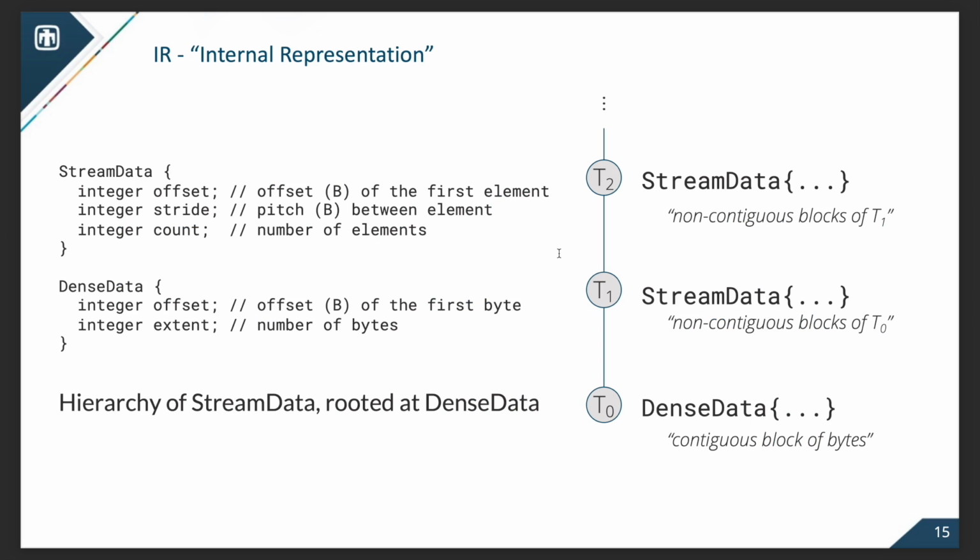The core of TEMPI is built around this internal representation, which is a hierarchy of different strided repetitions of bytes. At the bottom of this representation is dense data, which represents a contiguous block of bytes, and on top of that we can add nested, non-contiguous repetitions of the child type below it. In this way we can represent any regular strided type that's been described to MPI.